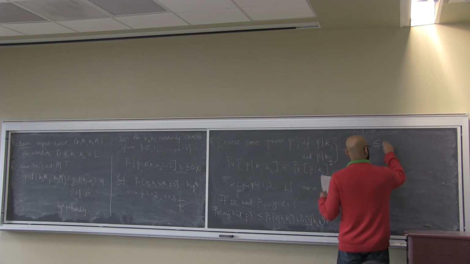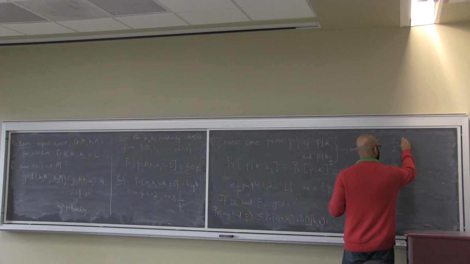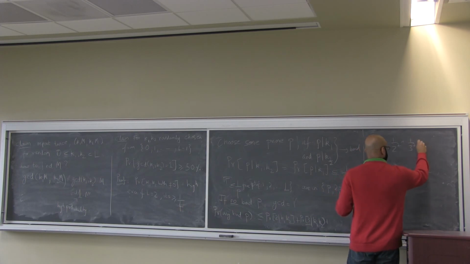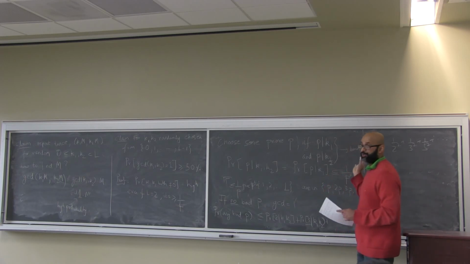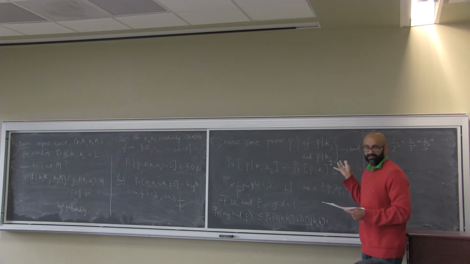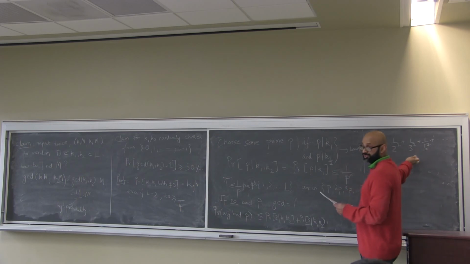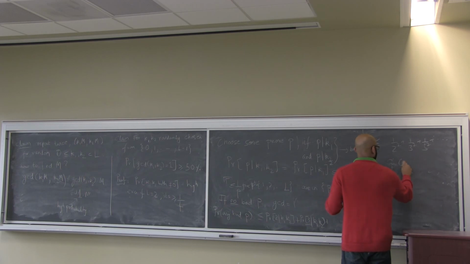1/2 squared plus 1/3 squared plus 1/5 squared, etc., which of course is not possible to evaluate analytically, but by just evaluating the first few terms in the series, we can show that this is on the order of 0.45.